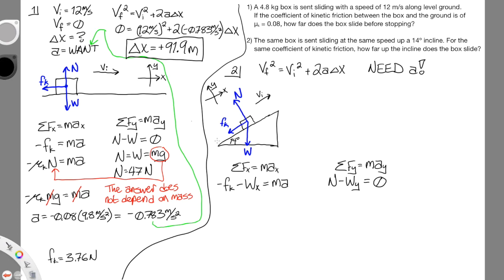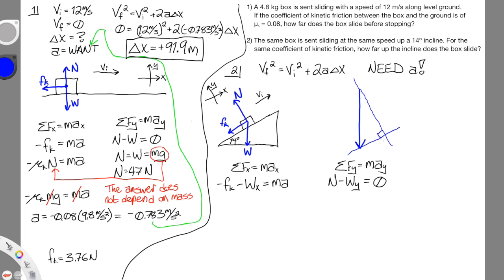Before I go on any further now, I want to break down the vector w into its components. So I'm going to draw it a little bit bigger over here, trying to get things straight up and down. One of the ways I told you guys to draw the triangle is to draw a line parallel to the y-axis from one end and a line parallel to the x-axis from another.